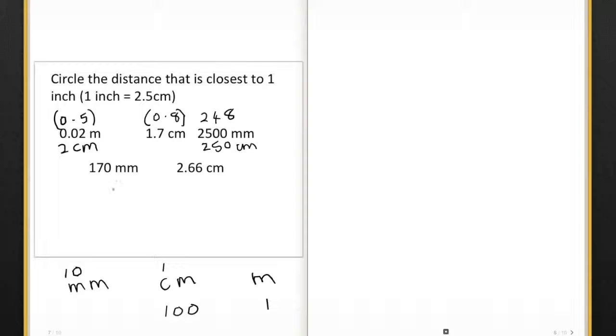170 millimetres. We're in millimetres, 10 millimetres in a centimetre. We're going from 10 to 1, high to low. To go low, you go left, you divide. So 170 divided by 10. We start here and we're moving 1. That's 17 centimetres. Again, that's too far away.